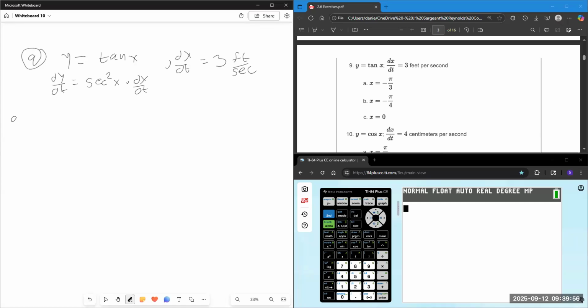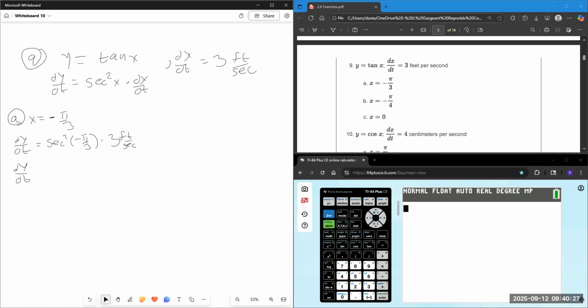Let's look at part A. x is equal to negative π/3. So dy/dt is equal to secant squared of negative π/3 times dx/dt, which is 3 feet per second. So dy/dt is just going to be a number. These units won't change, and dy/dt will also be in feet per second.